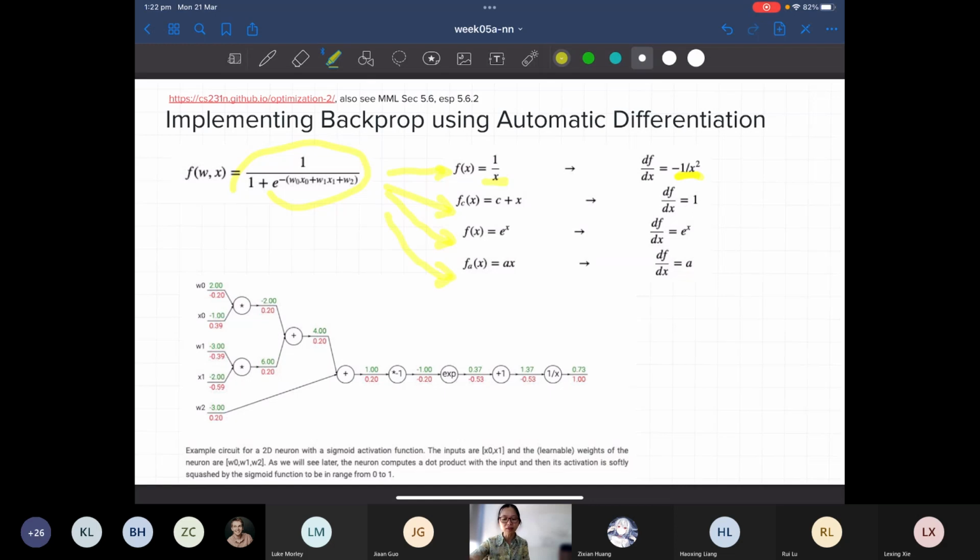There are only 4 different functions that go towards it: the linear combination, the e of x, the x plus a constant, and the 1 over x. Then you construct computational graphs like this, where you essentially compute the gradients of these individual components and assemble them together.